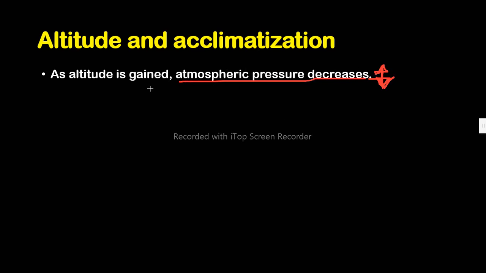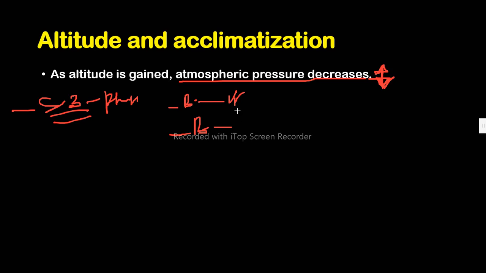That's why I think it's around senior 3 physics, you were asked this question: boiling water in the valley and boiling water on top of the hill, where does water boil first? And the answer was on top of the hill.